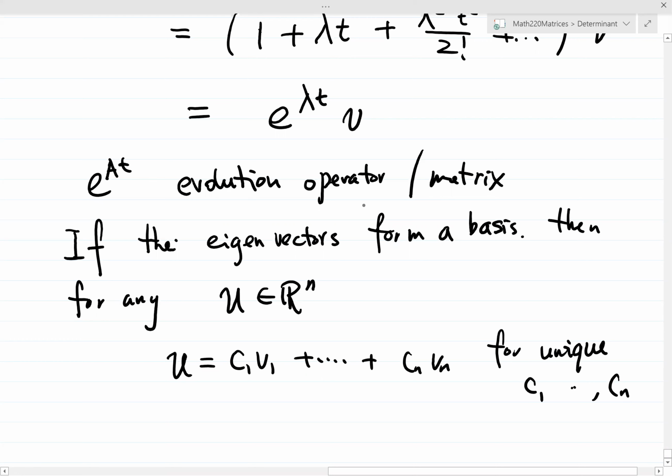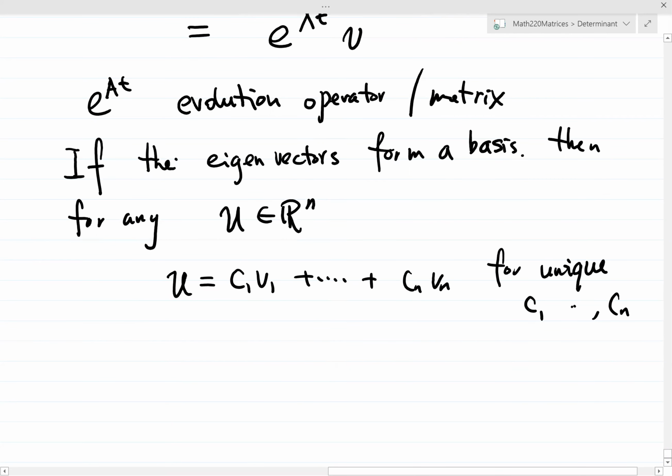Then what do we know? e to the At on U0 will be e to the At on C1 V1 plus etc. plus Cn Vn.